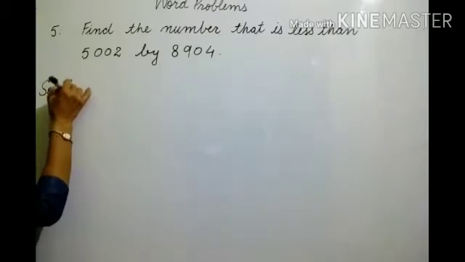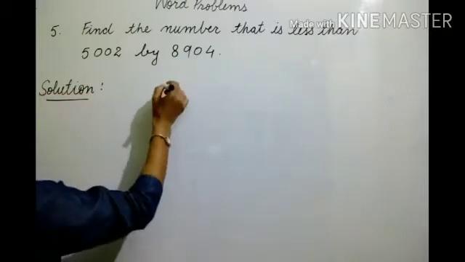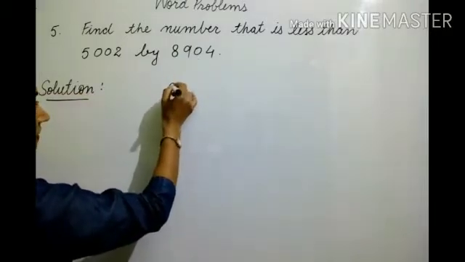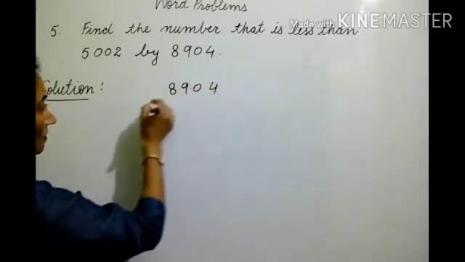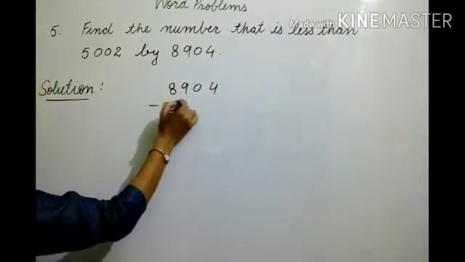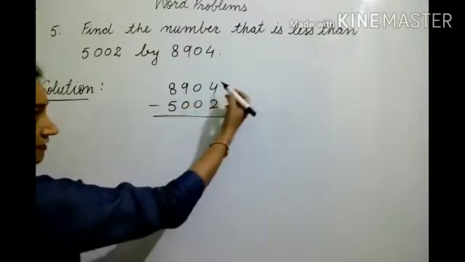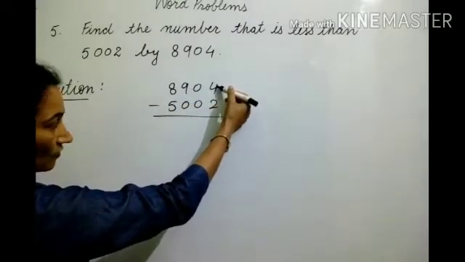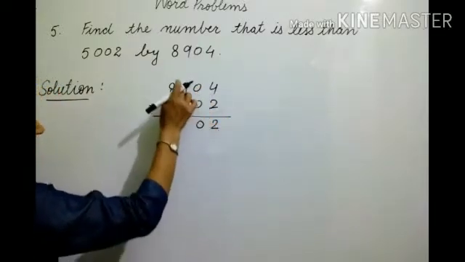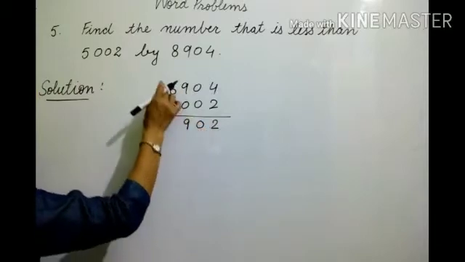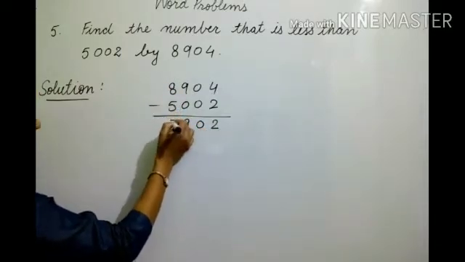Let's do solution. Here first number, that is greatest number, we will write, and smaller number we will write downside it, and then we will subtract. Starting from ones place, 4 minus 2 is 2, 0 minus 0 is 0, 9 minus 0 is 9, 8 minus 5 is 3.